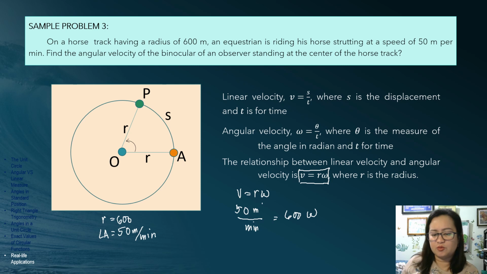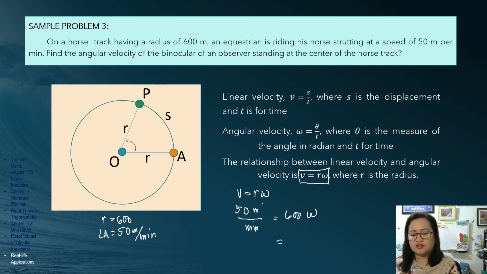So that means we will just divide 50 by 600. Okay, this is in meters times minute. So therefore, what is 50 over 600?